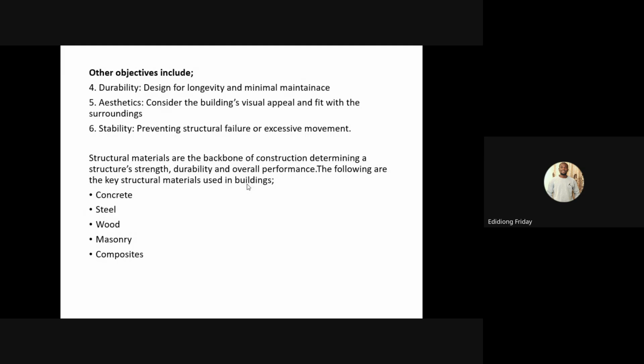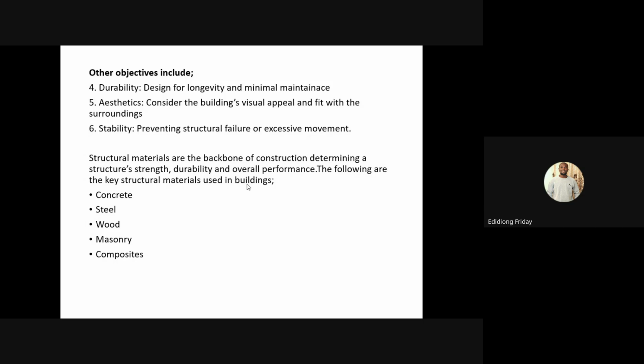You may say the architect is experienced, but every profession has its own part to play. The architect has his part, the structural engineer has his part, and that goes for the other professionals, the electrical, the mechanical, and all of that.